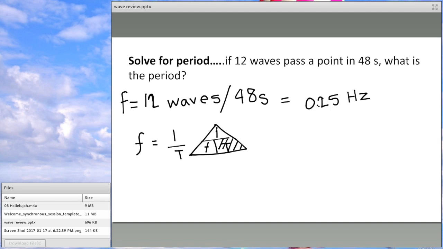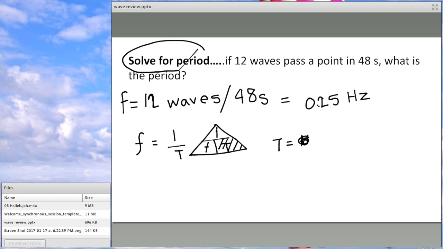Now, not every problem is going to say solve for period, but the reason I wrote them like this is because I want to make sure I gave you guys an example of each kind. So that's why I did that. Okay, now it's coming back. It was lagged.